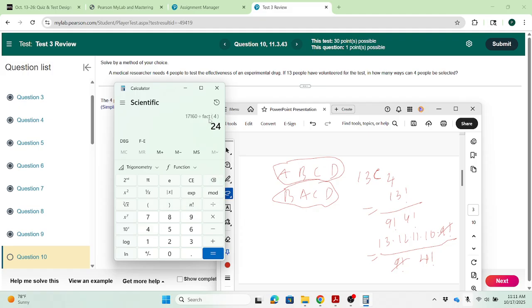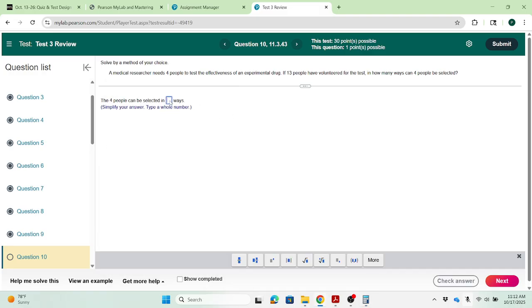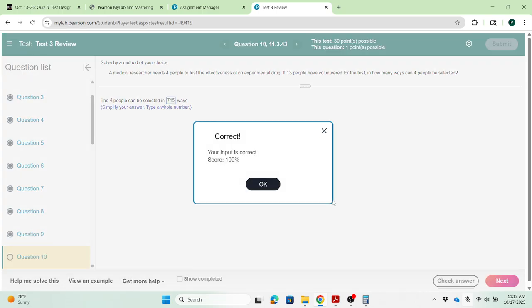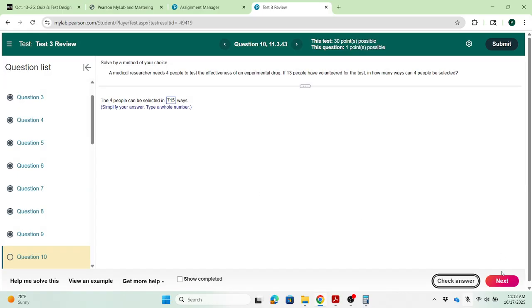You might not have this command on your calculator, so you have to do 4 times 3 times 2, which is 24, on the bottom part. So that would be 715 different ways. 715 different ways we can pick 4 out of 13 if order doesn't matter.